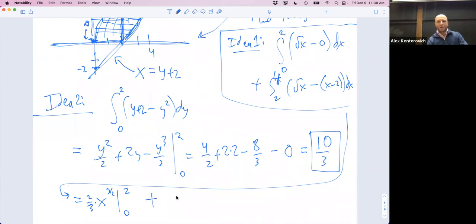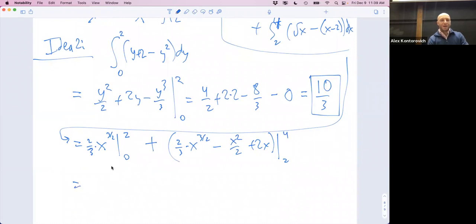The antiderivative is 2/3 x to the 3/2 minus, minus x means minus x squared over 2. Minus -2 means plus 2. The antiderivative of plus 2 is just plus 2x. This whole thing is evaluated as x goes from 2 to 4.